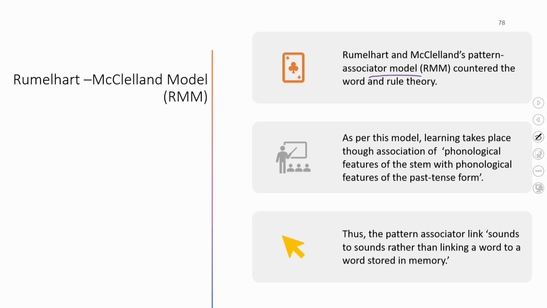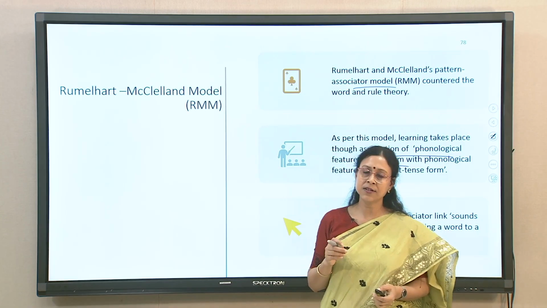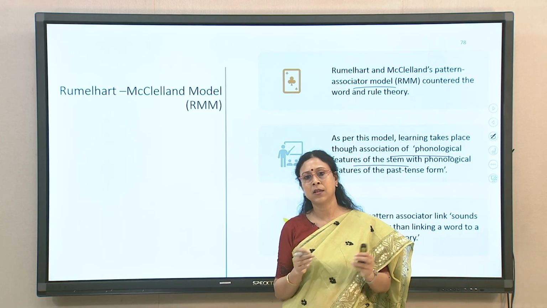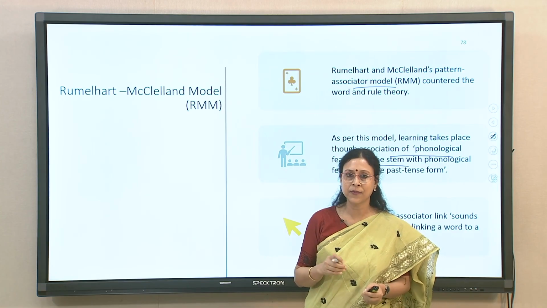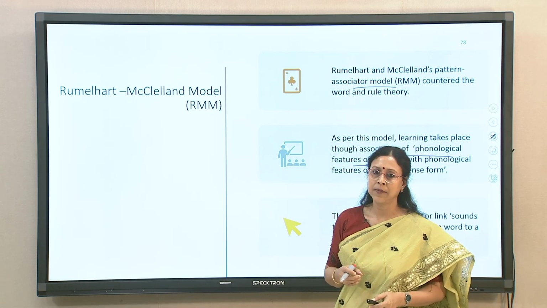As per this RMM model, learning takes place through association of phonological features of the stem with phonological features of the past tense form. The association is not between words, but between the phonological form of the word and the past tense form. That is where the association happens, not at the word level.